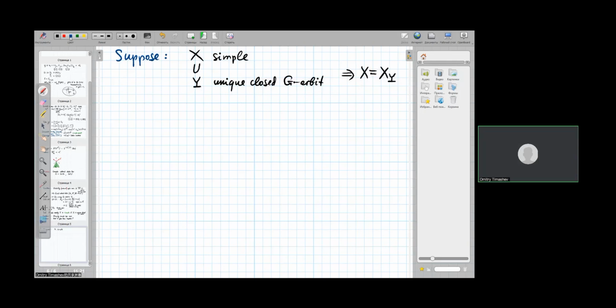The first statement which I'll prove about simple spherical varieties is quite easy. Proposition: simple spherical varieties are always quasi-projective.